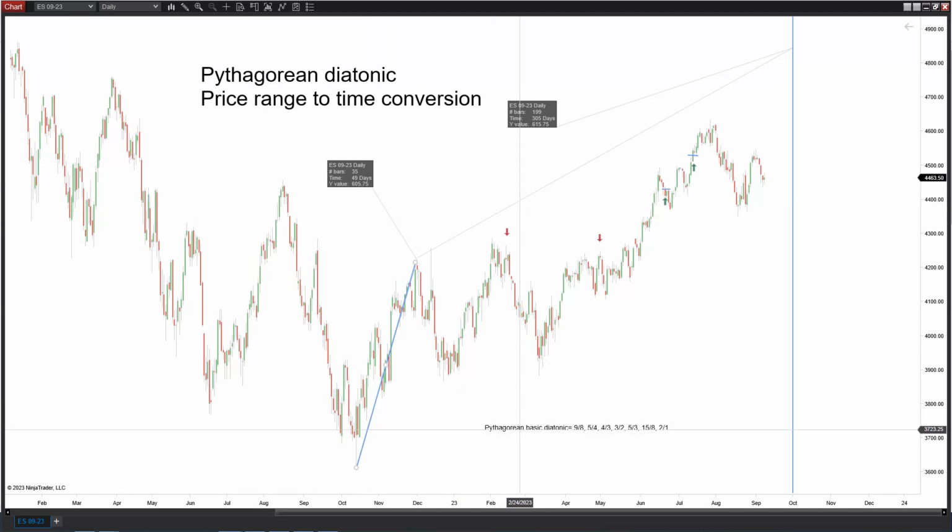Down here at the bottom on the right, I've got the Pythagorean basic diatonic ratios listed. They're the 9 to 8, 5 to 4, 4 to 3, 3 to 2, 5 to 3, 15 to 8, and the octave 2 to 1. Very simply, most of these are eighths and thirds.